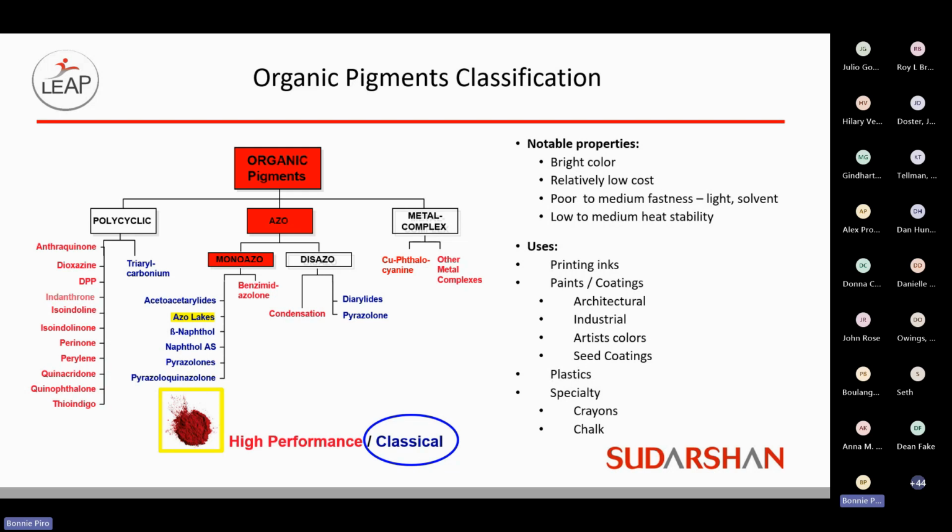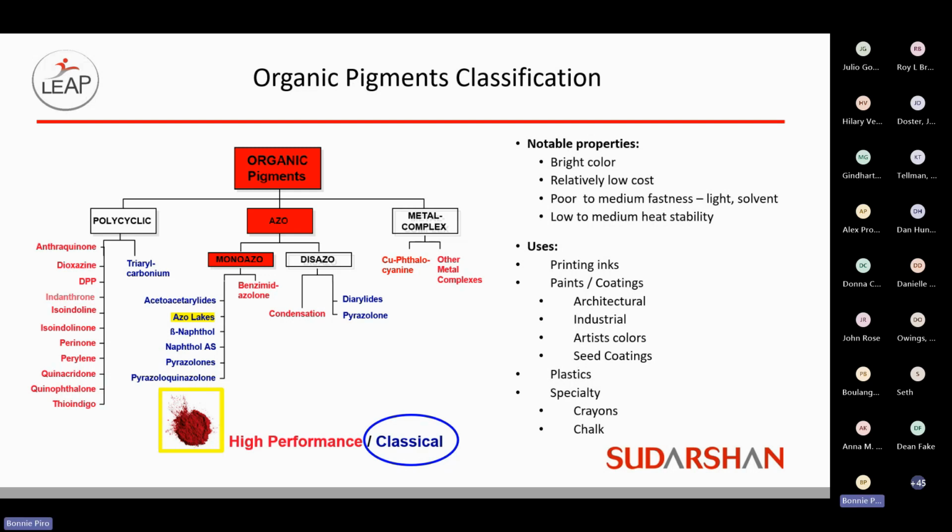However, they are very useful. We see them a lot in printing inks, and in a lot of different paints and coatings. However, they are limited and not included in the palette for more high performance and high temperature applications like automotive, from a performance perspective, as well as powder coatings, for the temperature perspective.